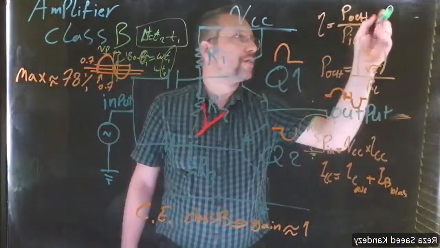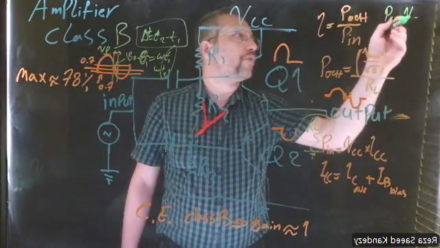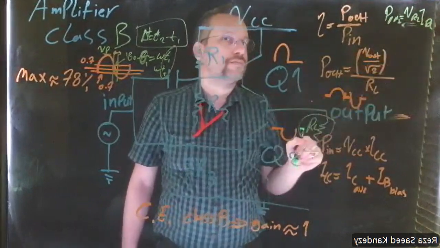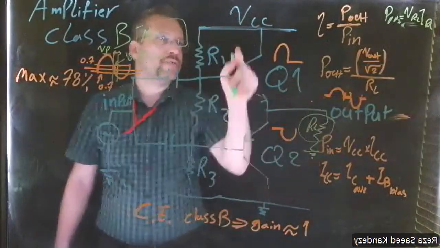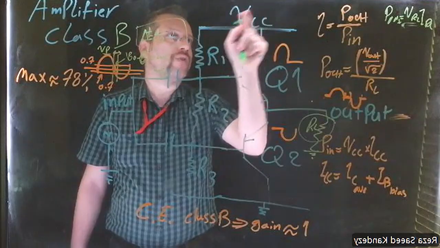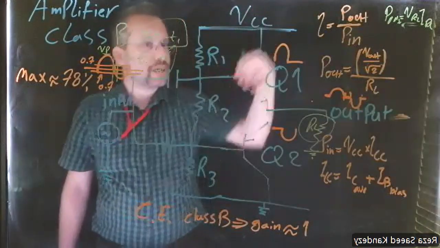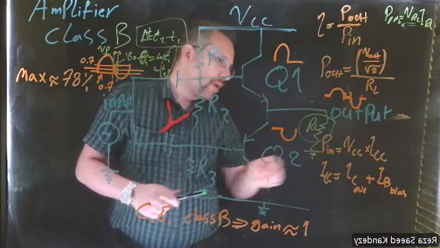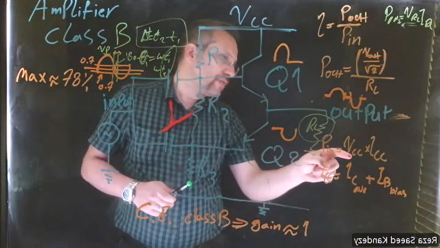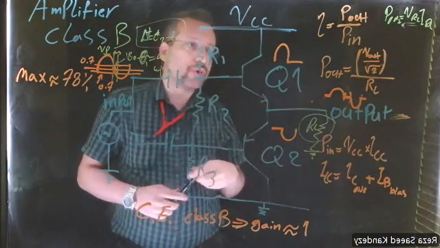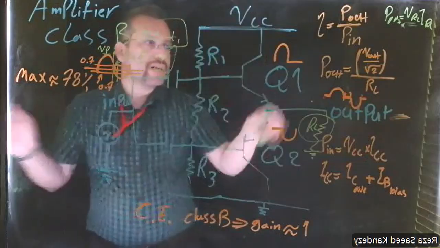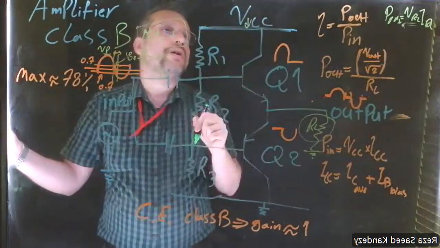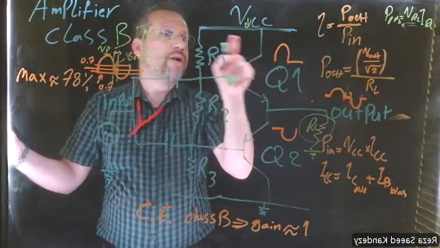P out is going to be the voltage of the load times the current of the load, and the P in is whatever power our VCC, the DC source, is going to inject into the system. The input power is VCC times the current of the source. But when you look at this circuit, the current that the source injects has two terms, a summation of two terms.